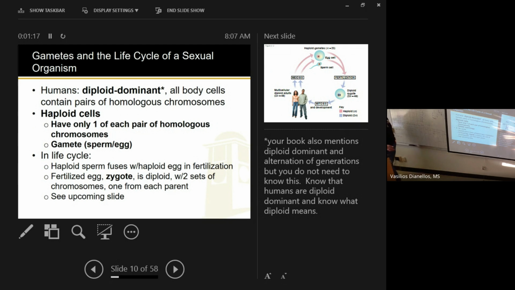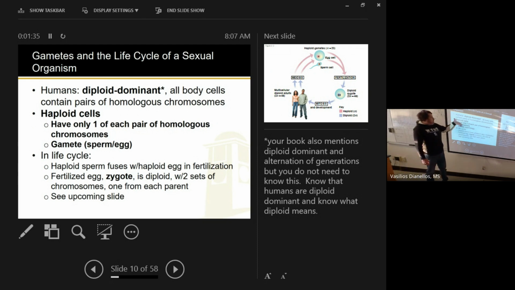So say, for example, chromosome number 7. For all humans, with some slight variations, chromosome number 7 is the same length, it's got the same centromere position, and it contains the same genes. Different versions of the same genes, but the same genes, generally speaking, right? That's a homologous chromosome.